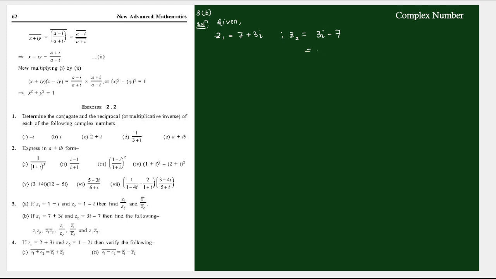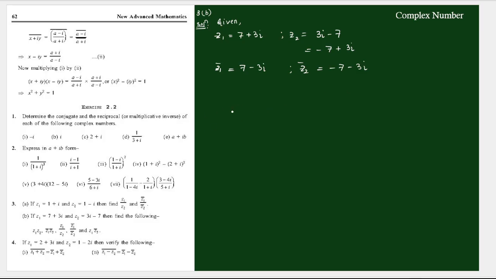So we can write this as minus 7 plus 3i, the a plus ib form. Then find the following: z1 z2, conjugate of z1, z2. Here we will find their conjugates. It will be 7 minus 3i. The conjugate of z2 will be minus 7 minus 3i.